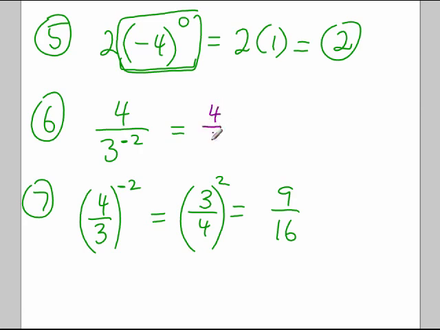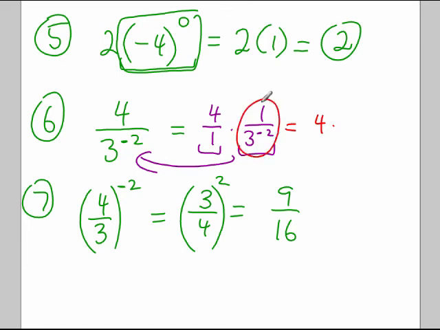I'm going to go 4 over 1 multiplied by 1 over 3 to the negative 2. This multiplied by this gives me this back again. So my answer will be 4 times, and I have a negative exponent in the denominator, and so a negative exponent reciprocates, which pushes me back up to the numerator, 3 squared, and so I have 4 times 9 is 36.